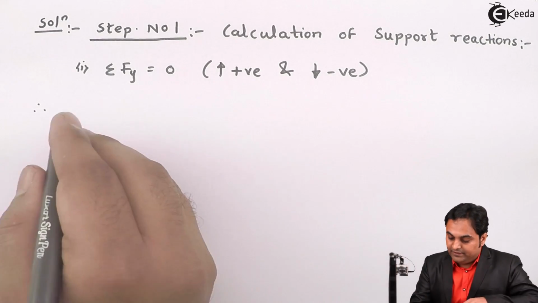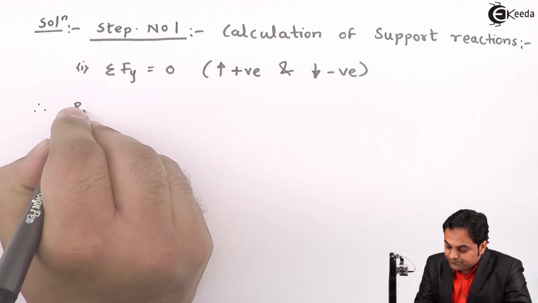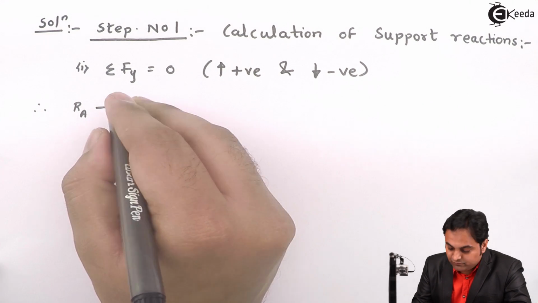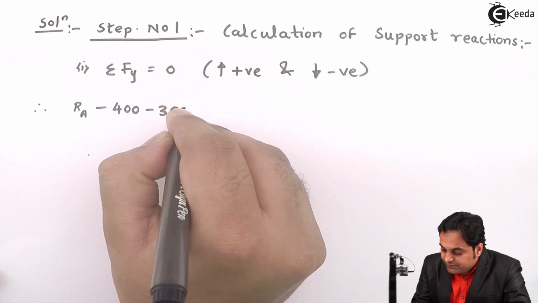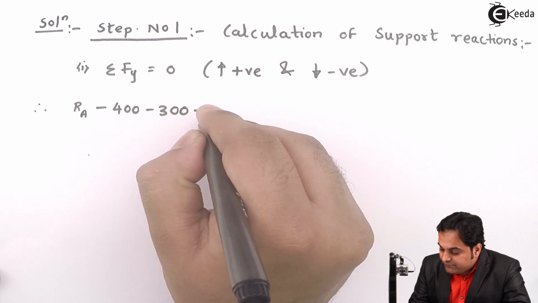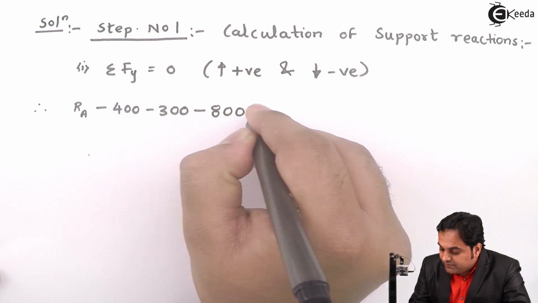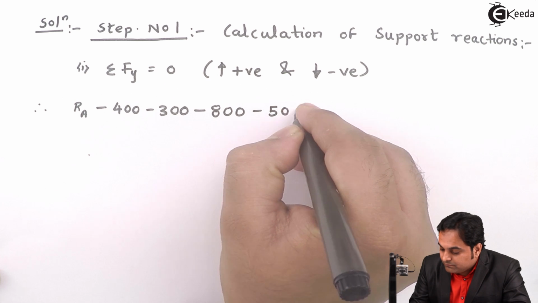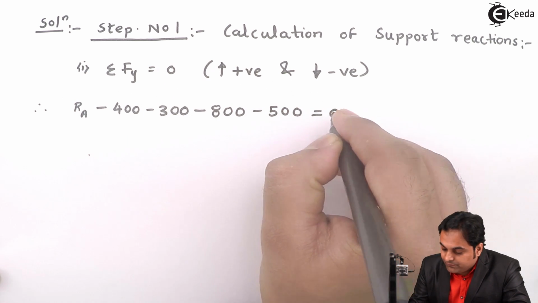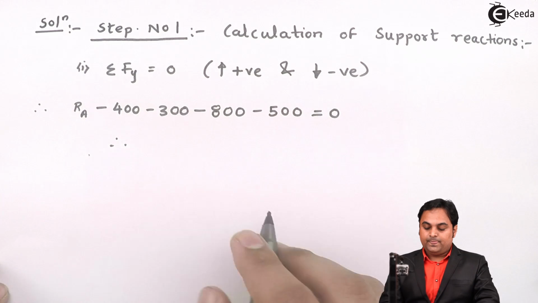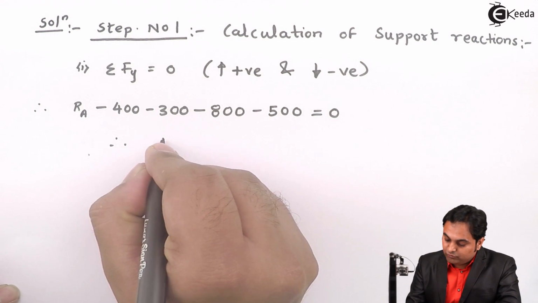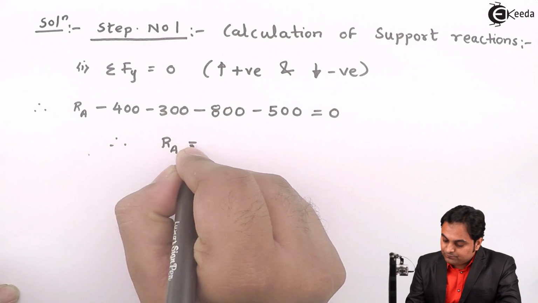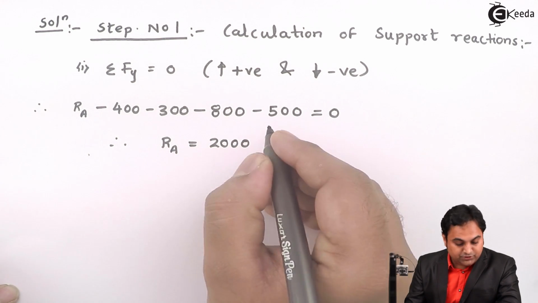So I'll write down Ra is positive, minus 400, minus 300, minus 800 and minus 500 is equal to 0. So therefore, on calculating this, Ra value will come out to be 2000 Newton.